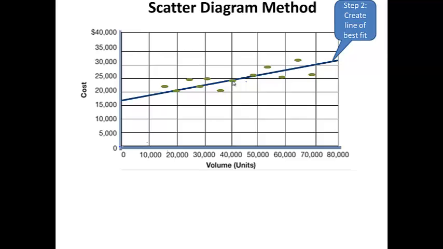So now that I've determined the line of best fit, I've drawn this line in here, and if you will notice, the line I've drawn in intersects zero volume at just about 16. Now this isn't extremely precise because this graph isn't too large, but it intersects at zero volume at a total cost of $16,000.